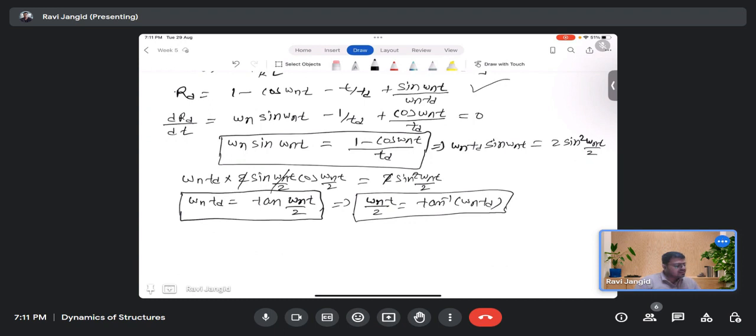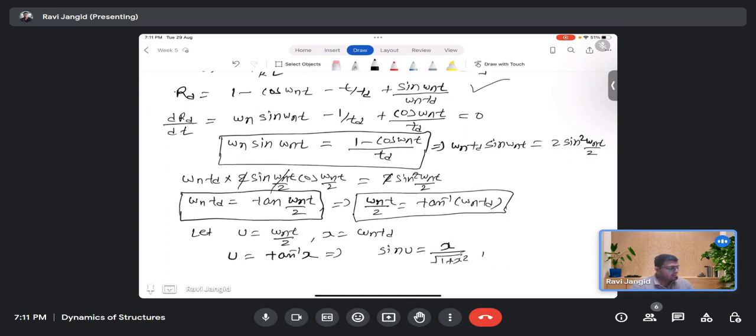Let u be equal to omega n t by 2, and x equal to omega n td, so that u becomes tan inverse of x. From this I can write sin u as x over root of 1 plus x square, and cos u is 1 over root of 1 plus x square.